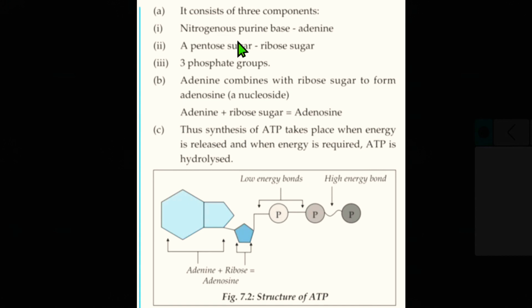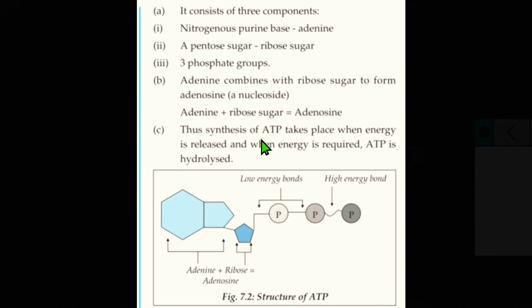First one is a nitrogenous purine base, that is adenine, second one is a pentose sugar, that is ribose sugar, and third one is 3 phosphate groups. Adenine combines with ribose sugar to form adenosine, a nucleoside. Adenine plus ribose sugar is called adenosine.